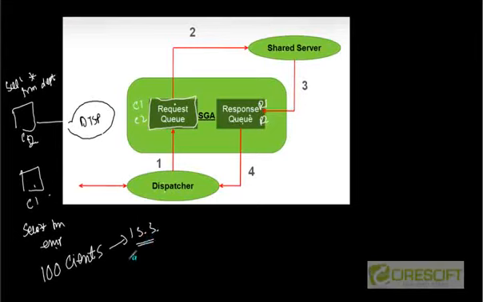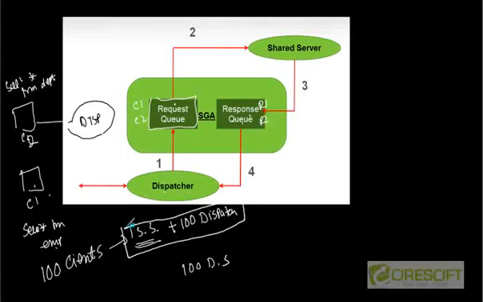In this case, what I'm saying is that had I run this in dedicated server mode, I would have 100 dedicated servers, and 100 dedicated servers is too much compared to just one shared server plus 100 dispatcher processes plus one data structure like a queue. So this trade-off is definitely much better compared to 100 dedicated server processes.